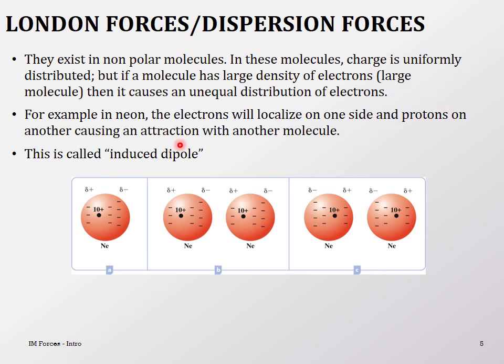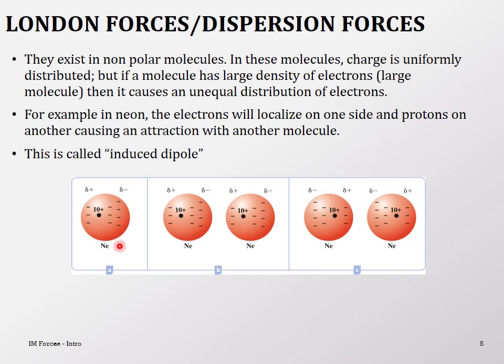Here is what happens when you have a really large atom like neon or iodine, bromine, any of those atoms which get larger in size: it generates what we call an induced dipole. Say you have one atom of neon.